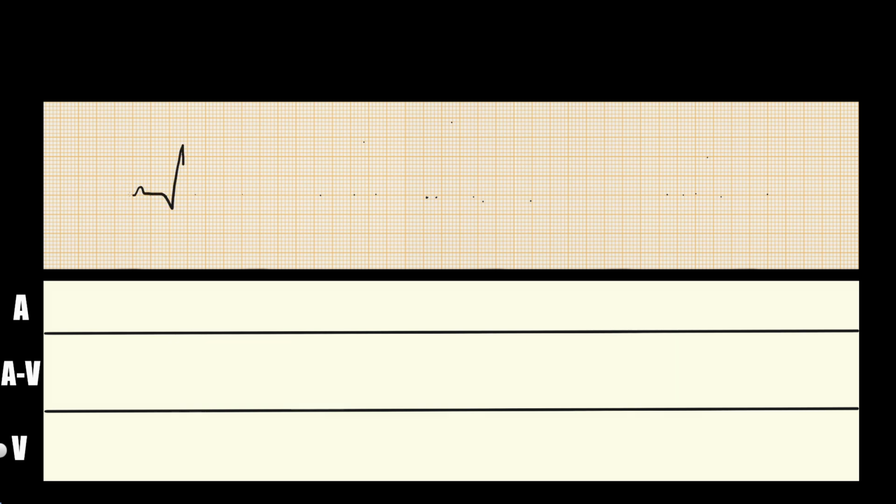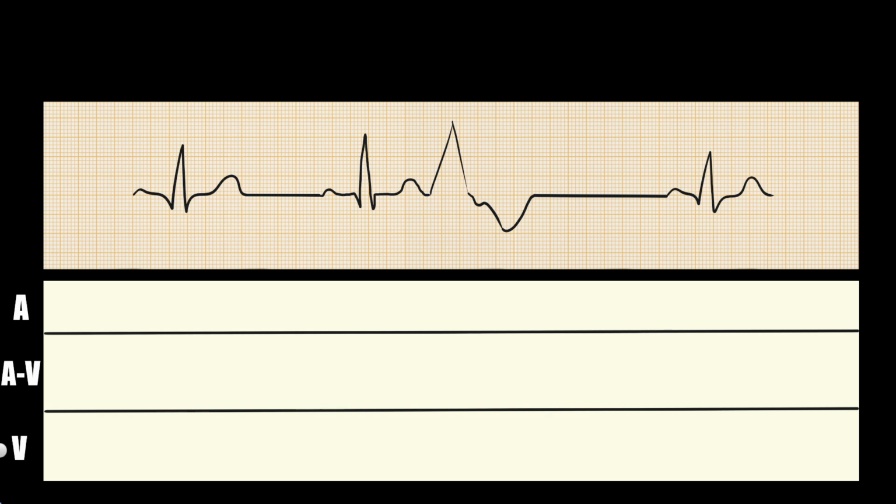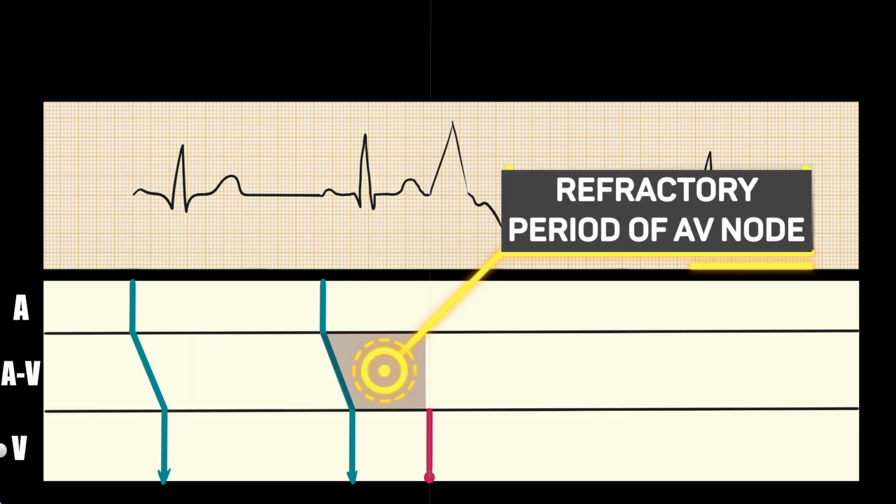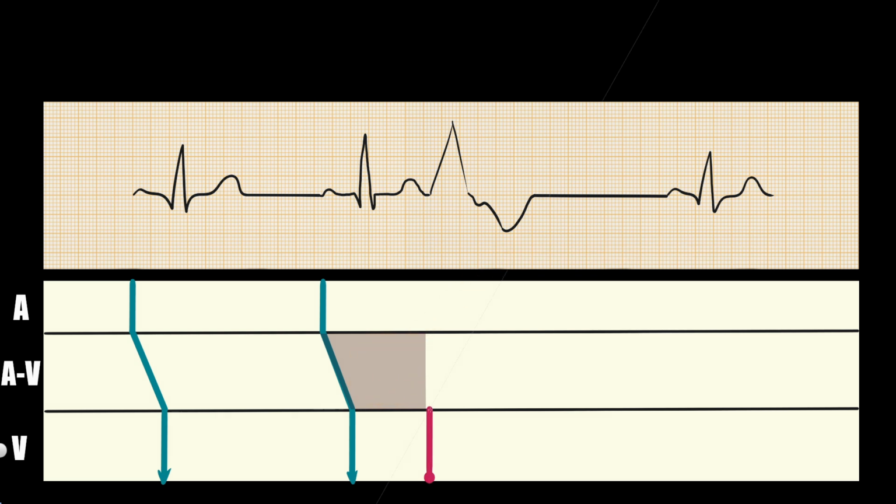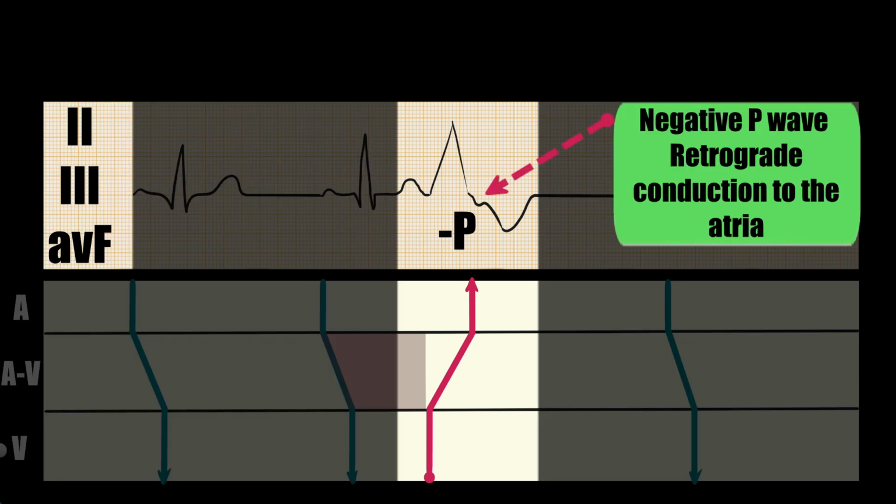But sometimes the situation is changed and the compensatory pause is incomplete. The first and the second sinus impulses conduct as usual after the PVC occurs, but the PVC impulse reaches the AV node beyond the refractory period. So the PVC impulse retrogradely conducts to the atria, which we see as a negative P wave in the second, the third and aVF leads. The P wave is located after the QRS complex of the PVC.